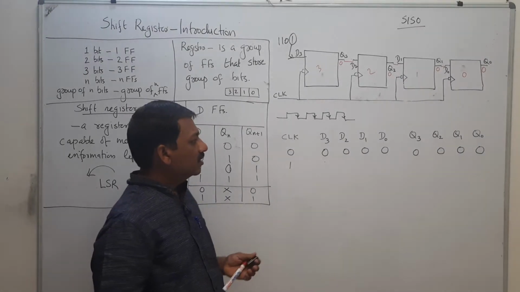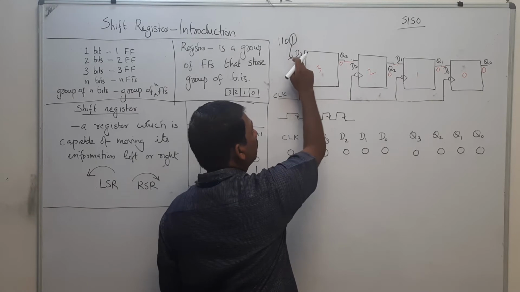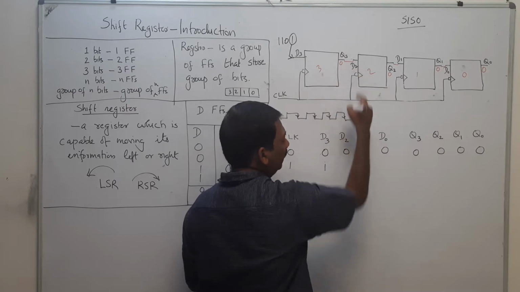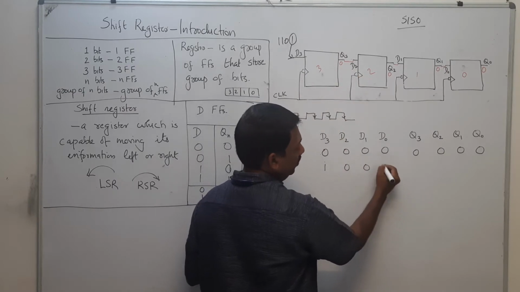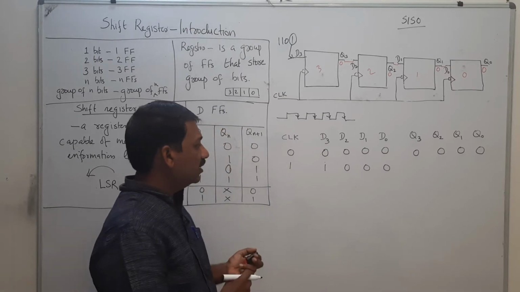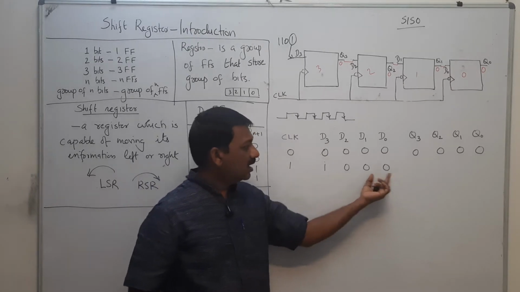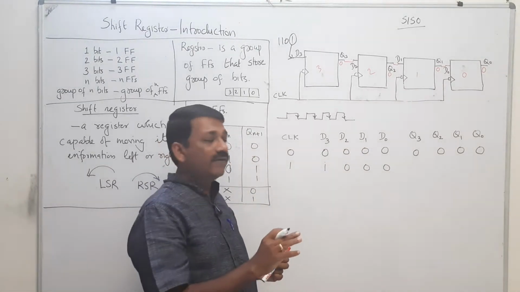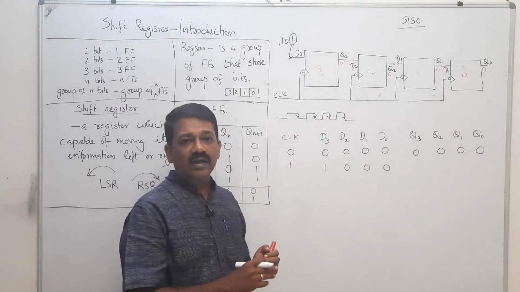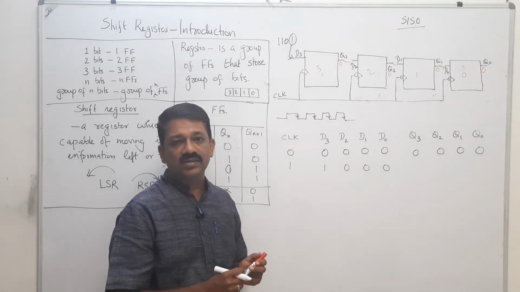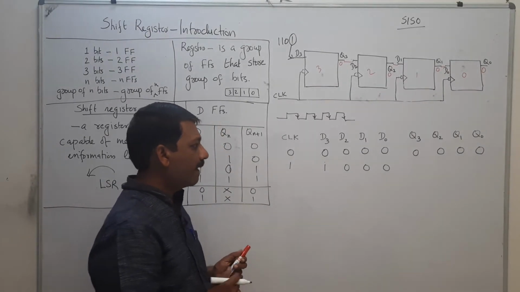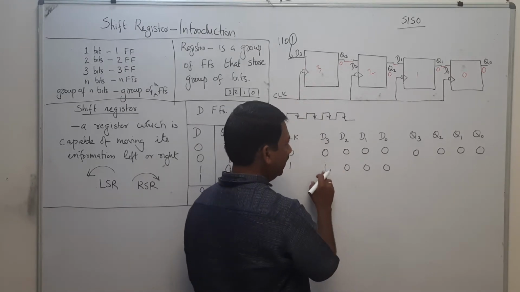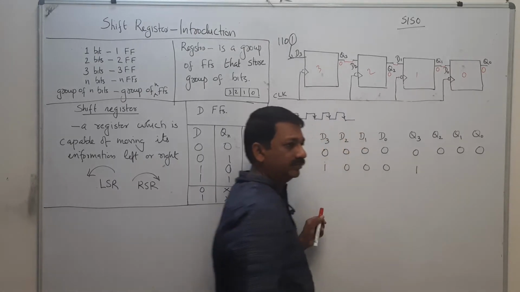Suppose that initially I give D3 as 1. Definitely the previous values of D2, D1 and D0 are 0, 0, 0. When the negative trigger occurs, as D3 is 1, Q3 will be set to 1.